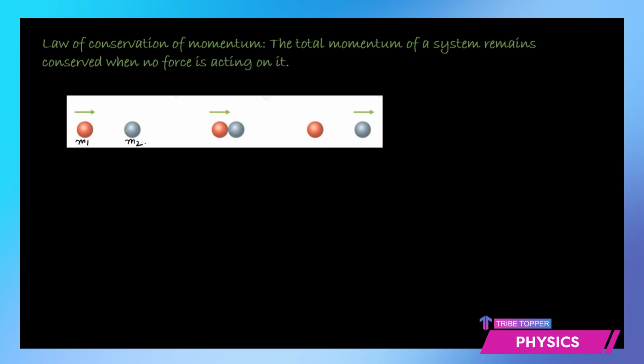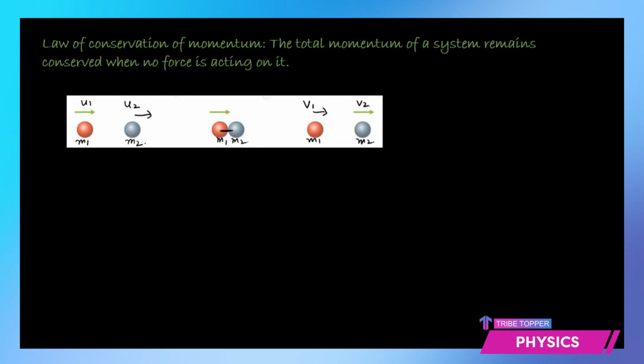Initially m1 has a velocity of u1 and m2 has a velocity of u2. This is before collision. During collision, they collide. After that, they continue moving in the same direction and separate, but the velocities are now v1 and v2 as the final velocities.